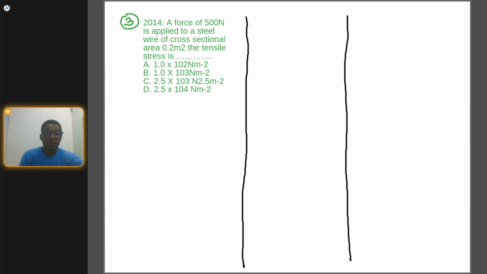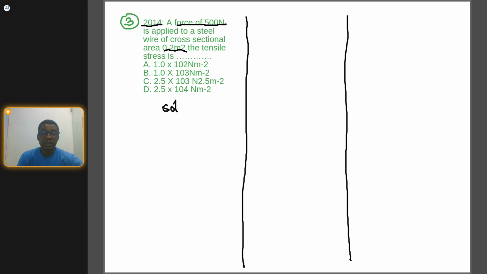A force of 500 Newton is applied to a steel wire of cross-sectional area 0.2 meters square. The tensile stress is dash.